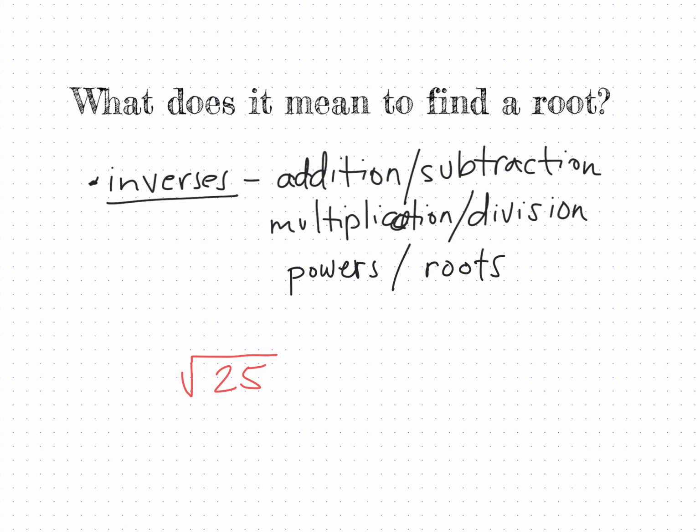Let's start by handling a little bit of vocabulary. First thing, what we see here is that this symbol means to take the square root of 25, of course. There are parts and pieces to this, though. What I mean is that this symbol here, the one that looks something like a division symbol from before, is something we call a radical sign.